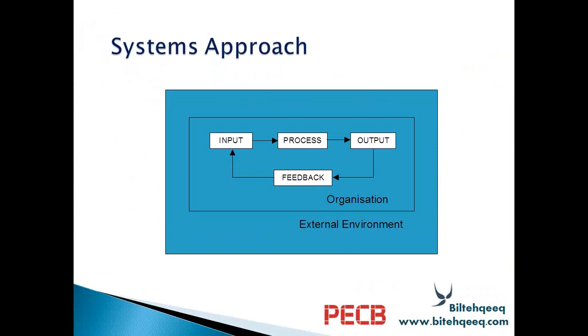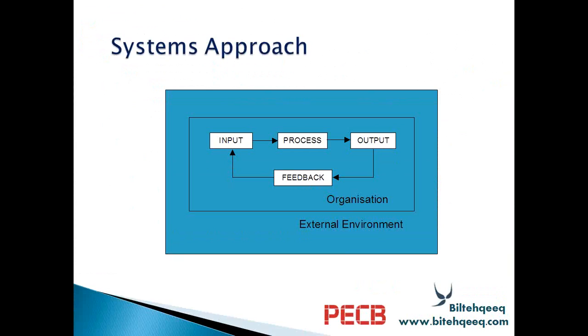This system approach takes place within the organization, and the external environment also has an impact on it. We cannot take this system without the impact of the external environment. So this is the whole system approach.